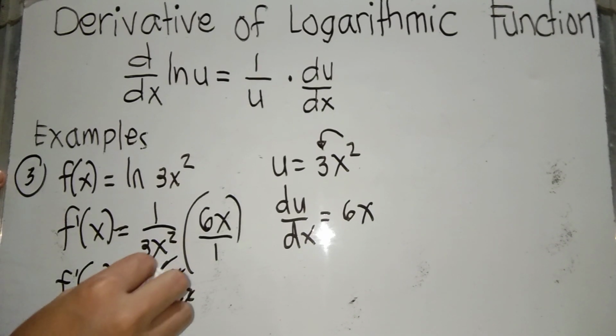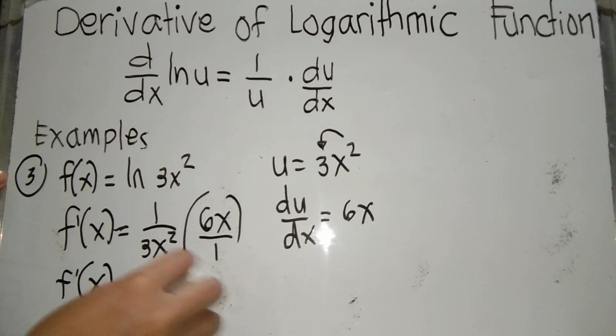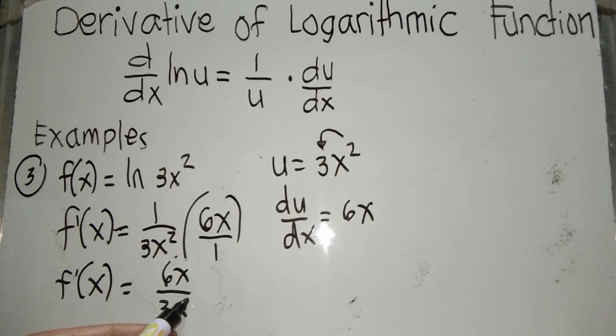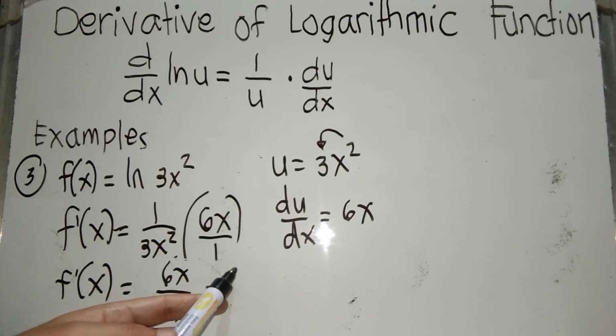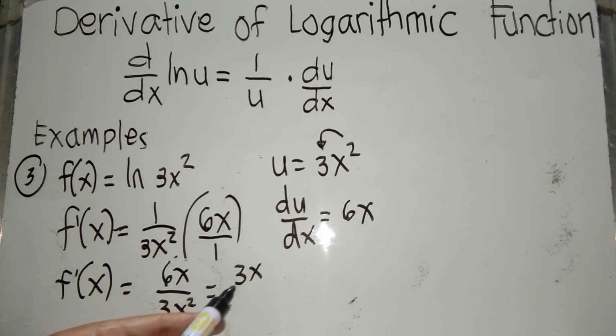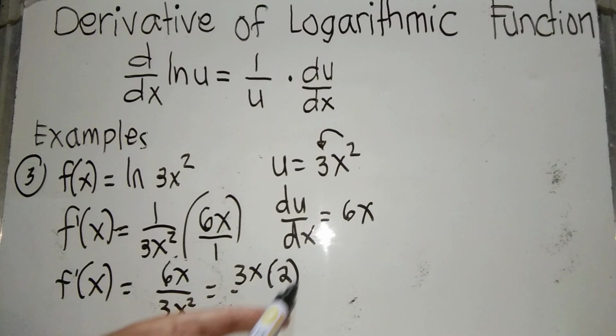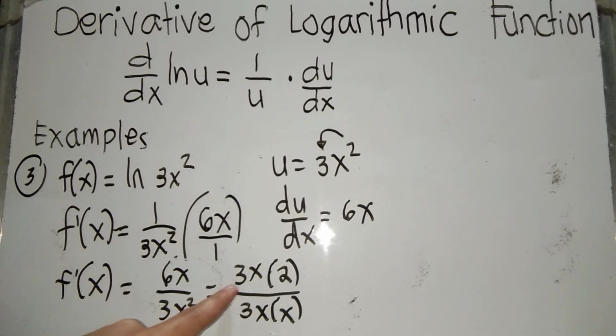Or in short, if you have here 6x over 3x squared, you can write this as 3x times 2 over 3x times x. Anyway, 3x times 2 is still 6x, and 3x times x is still 3x squared.